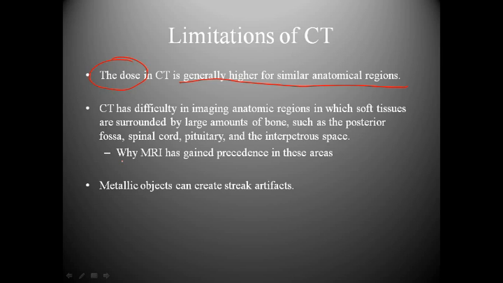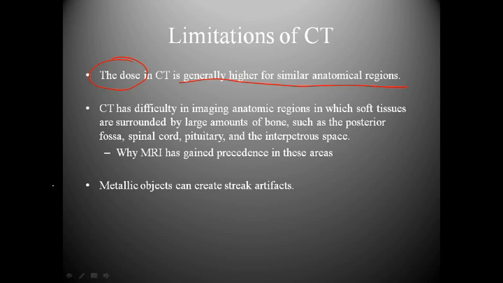Metallic objects can cause streak artifacts, and so that's another important thing. Your EKG leads, things like that, have a tendency to sometimes throw scatter up, and because of these streak artifacts, it really can sometimes be detrimental to the image quality that you receive. And so many times these things cannot be avoided.